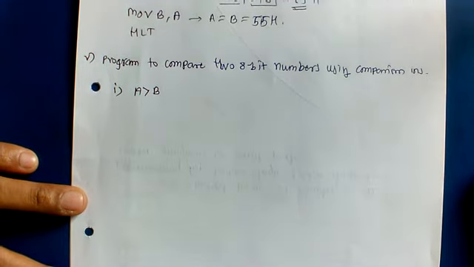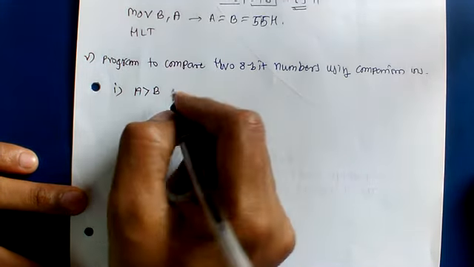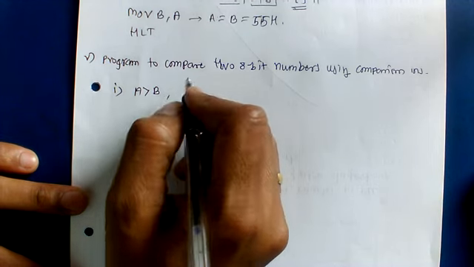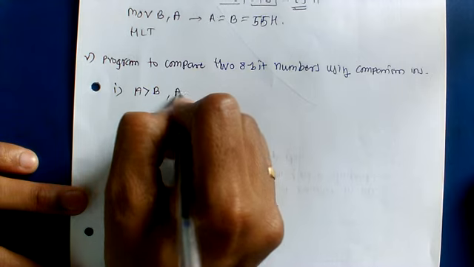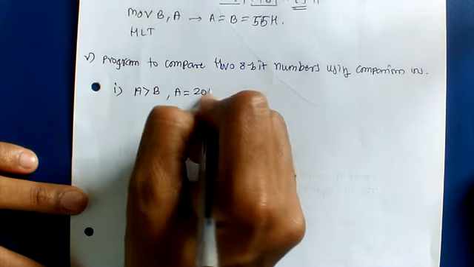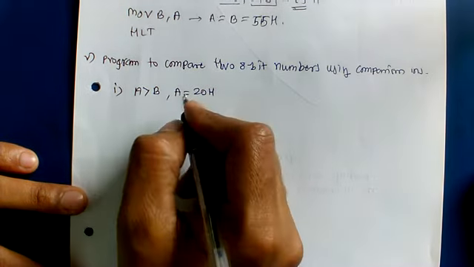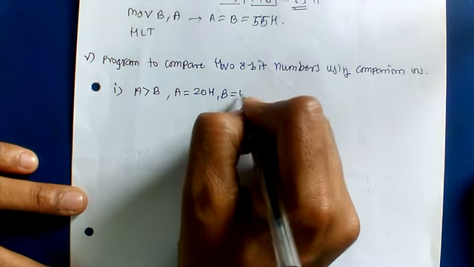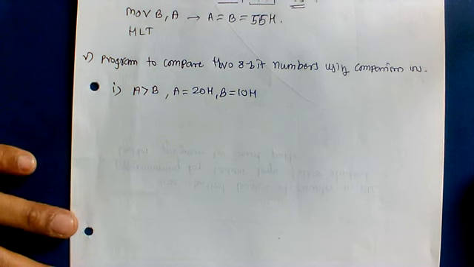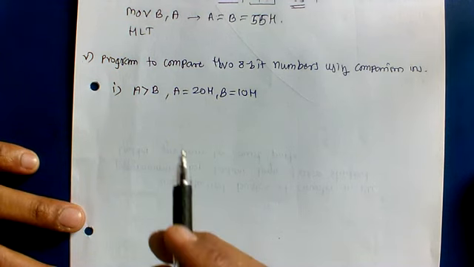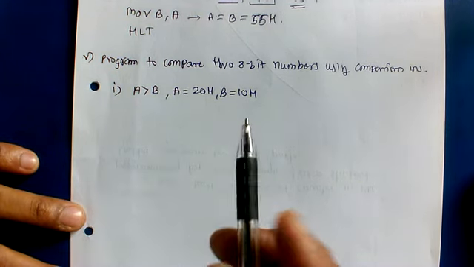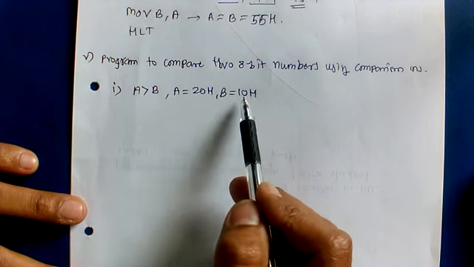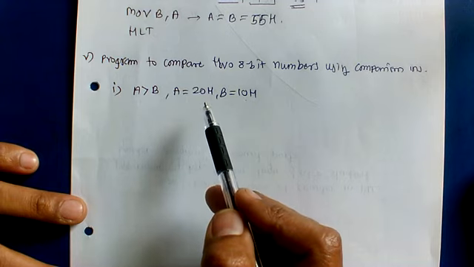So here suppose in accumulator we are having 20x and B register with 10x. Okay. So to perform the comparison between 20hex and 10hex, these two numbers 20 and 10 you have to take in A register and B register.